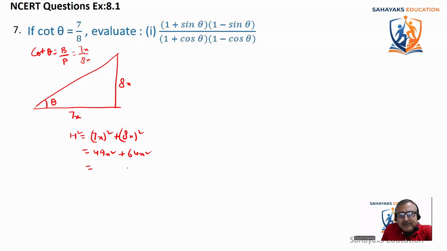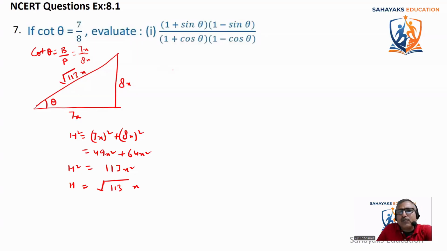So what is 49 plus 64? 113x square. Okay. So this is h square. So what is h? H comes out to be square root of 113 x.